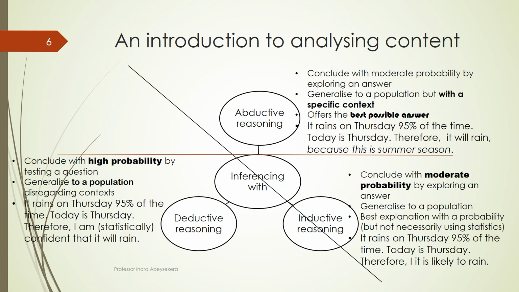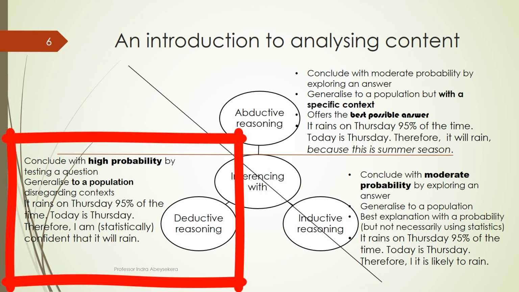So when we infer, there are three ways to reason out. Deductive reasoning: in that, we conclude with high probability by testing a specific reality or a question to generalize to a population or to a general reality.